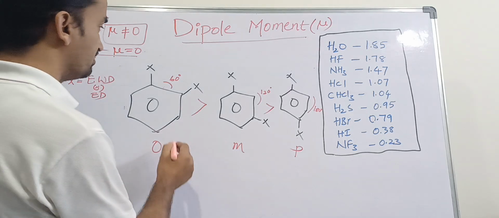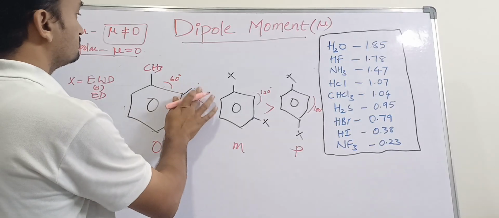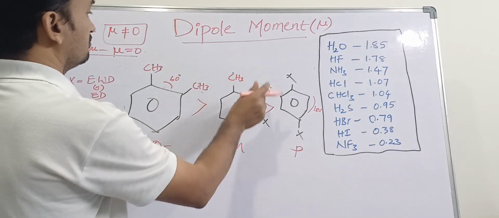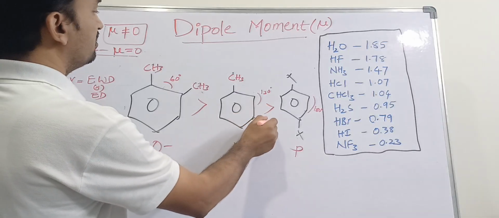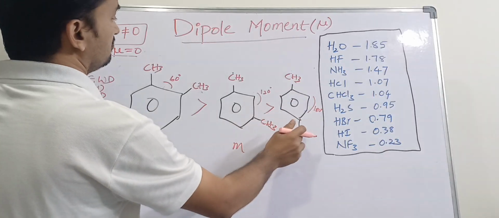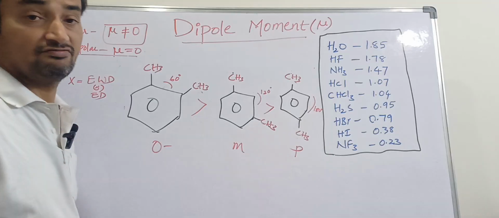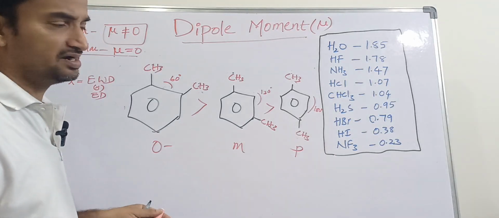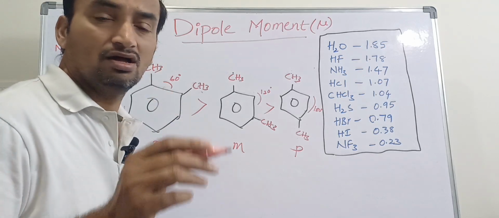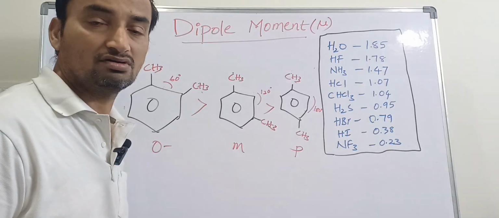Now we'll see one example like this. Say a methyl group is there. That means two are of the same kind. So in that case, the dipole moment order will be ortho followed by meta followed by para. The net value we calculate with the theta value, that is under root of mu1 square plus mu2 square plus 2 mu1 mu2 cos theta.